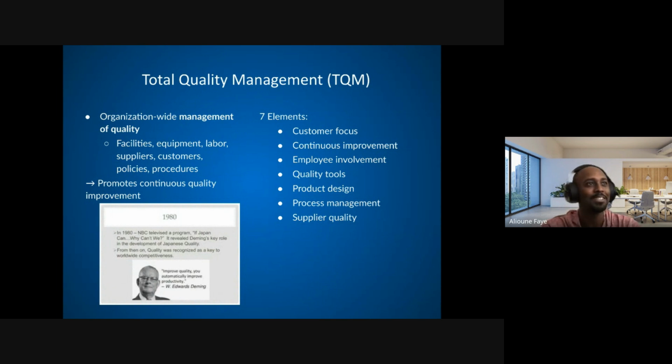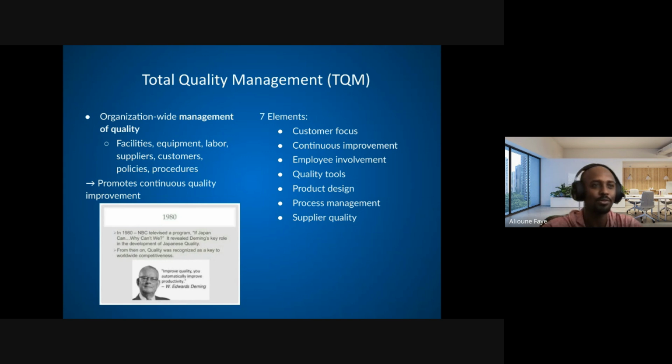Now there's the other thing called TQM, Total Quality Management, and just a little story before we get into this. How it started is, after the Second World War, most of the countries besides the US were really messed up, as you all know. But Japan and most Asian countries, namely Japan, were doing so well in the 70s and 80s, and the Americans were trying to figure out why they were so efficient and not them.